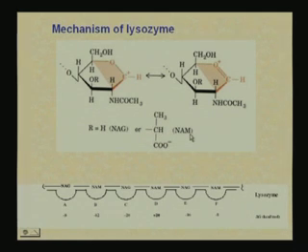Now what we have is alternating NAG, NAM, NAG, NAM, NAG, NAM residues in the bacterial cell wall. There are 6 such sugar moieties in the bacterial cell wall part that fits in the active site groove of lysozyme.